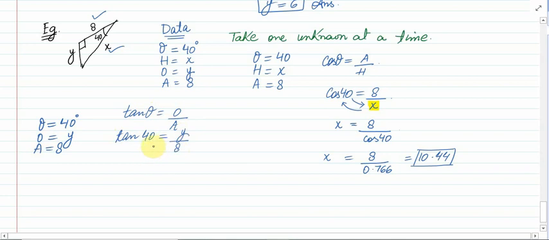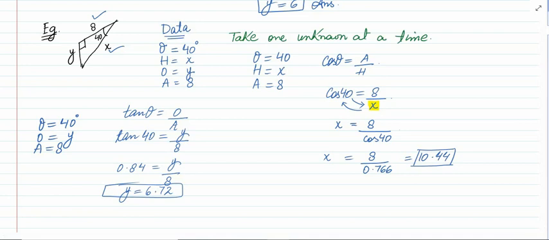Same method, on your calculator press tan and then 40, it gives you the value of 0.839. So I will take 0.84 by rounding off, is equal to y divided by 8. Simply I am going to multiply 8 with 0.84 and it gives us the value of 6.72, right?